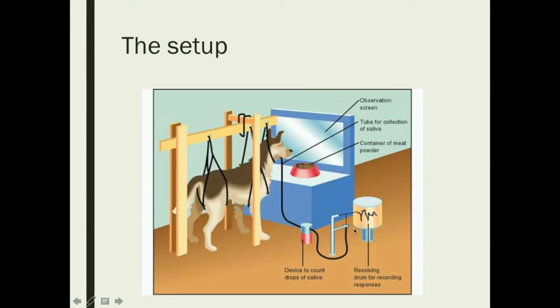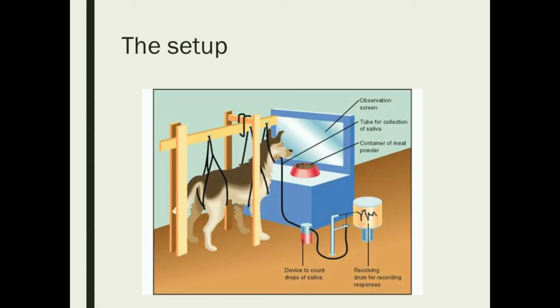So in this way, he could measure how much saliva was being excreted and generated when he presented the animal with food. He was not interested in learning theory, he was not really interested in psychology directly, and it became an interest afterwards.